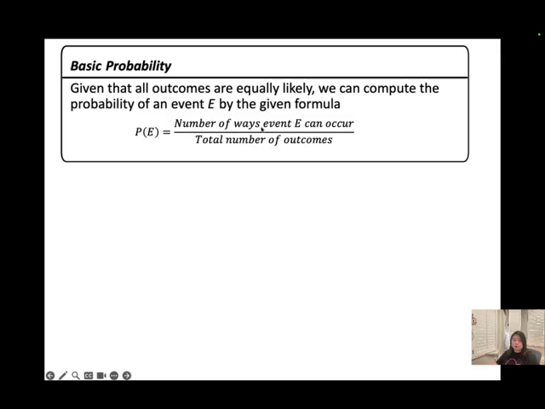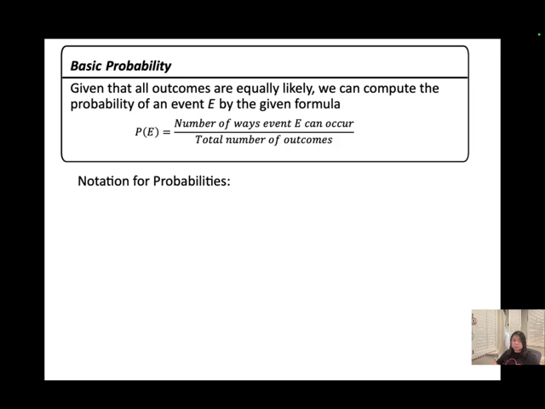So the number of ways event E can occur is 1. And then over the total number of outcomes. When I flip the coin, I can get either head or tail, so I have 2 outcomes. So the answer will be 1 over 2. Okay, basic probability.